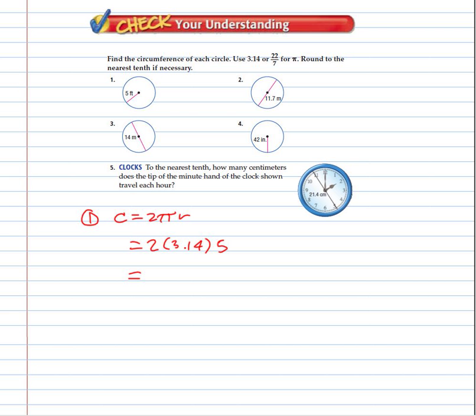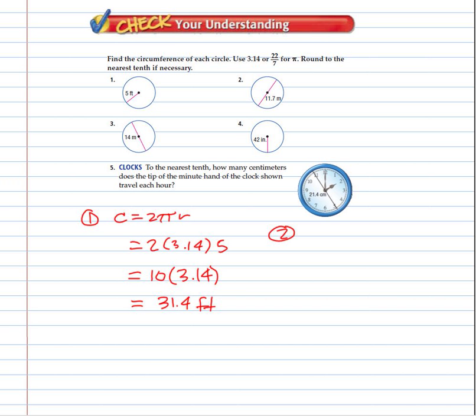What we're going to do is use the commutative property here and multiply 2 times 5 and get 10 first. I won't show you that changing of the order of the factors, but that's what I did here. So I get 31.4, in this case, feet for my circumference.